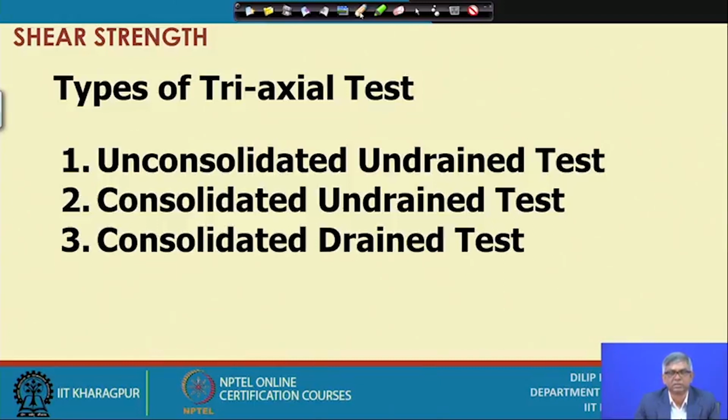That test generally takes around 15 minutes, and in this process we neither consolidate the sample nor allow any dissipation of pore water by draining of water. So, that is called the unconsolidated undrained test.